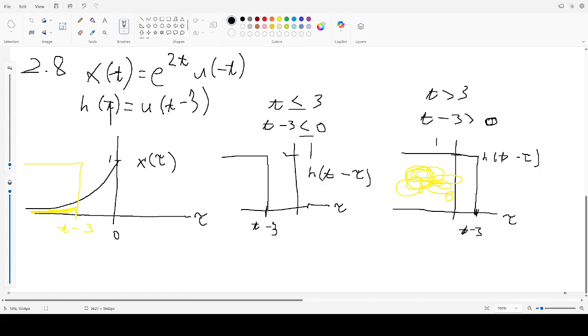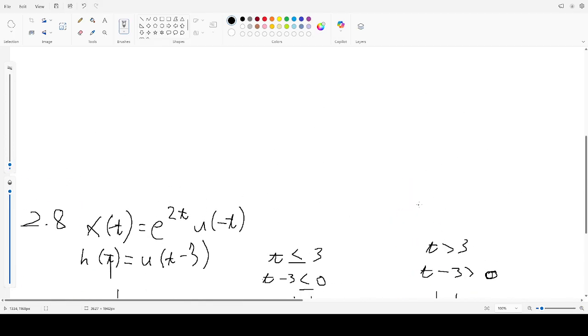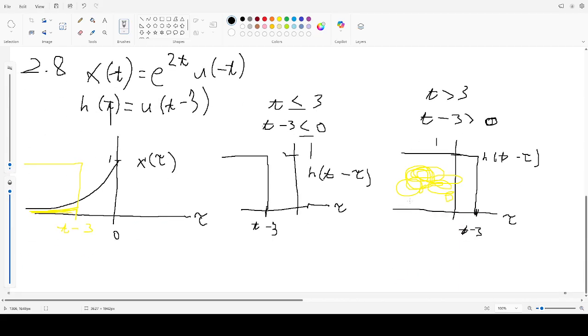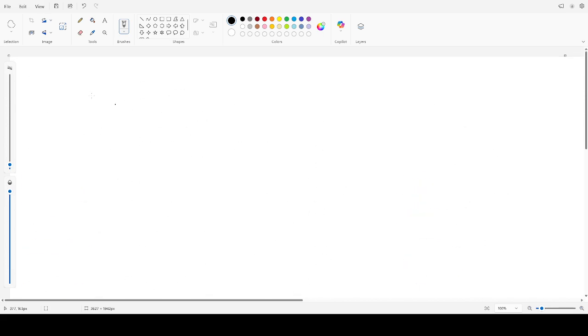The nice thing is it's the same integral, just different bounds. So let's look at the first case where t is less than or equal to 3.